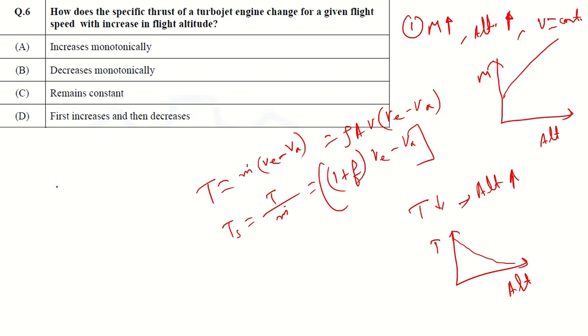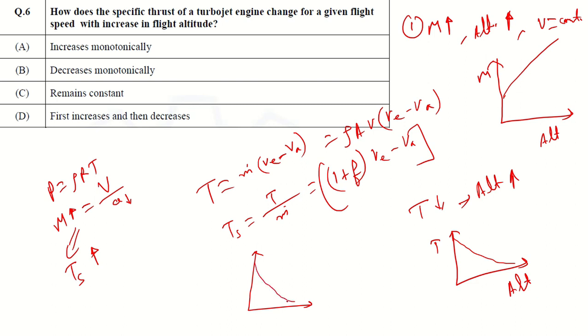Now, as we know, the gas law is P equals rho R T. The Mach number is V by A, local velocity over the speed of sound. If the speed of sound decreases, the Mach number increases. And according to this, we can say specific thrust increases. I have one more graph, which should decrease like this.